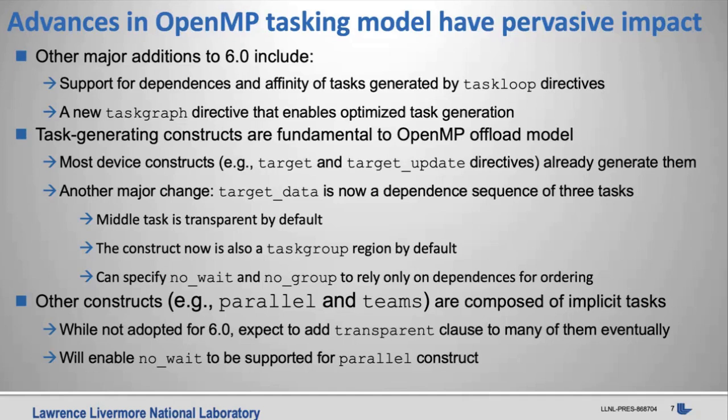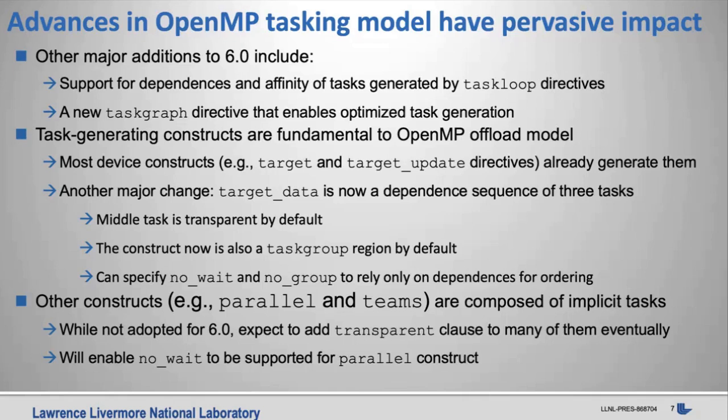And these three have internal dependencies managed by the implementation that orders those three tasks, but otherwise does not inhibit the execution of them. So now you can say, pick up that block of three dependent tasks and execute it asynchronously.